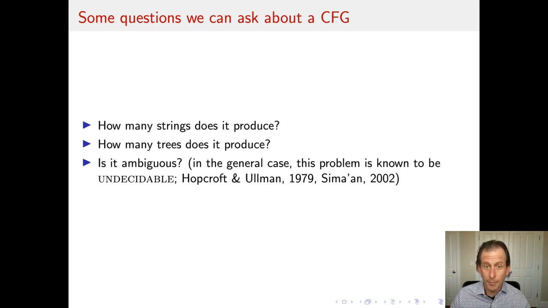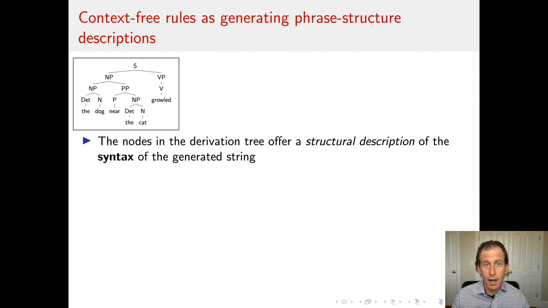But before I finish this segment, I want to just flag a high-level consequence of this formal means of generating strings. So I talked about the derivation tree as a history of the rule applications. There's a lot of power in that derivation tree in terms of developing a theory of linguistic structure at the level of how words combine with each other, that is, syntax.